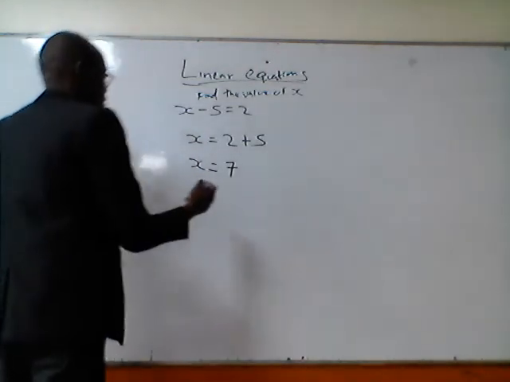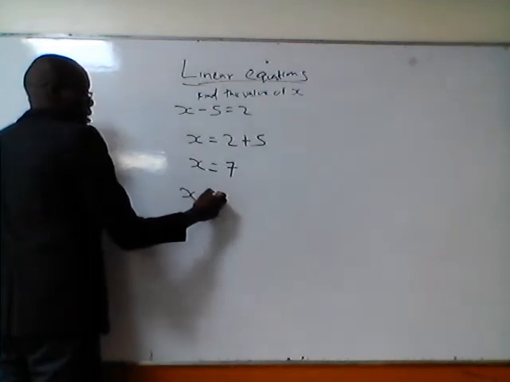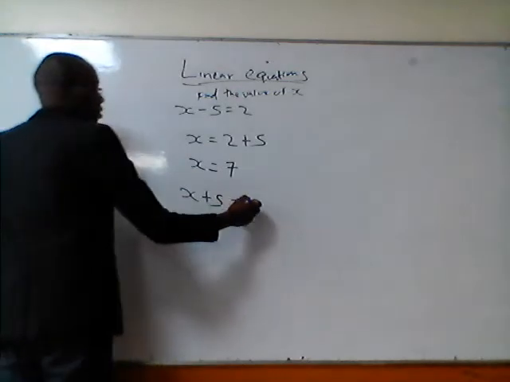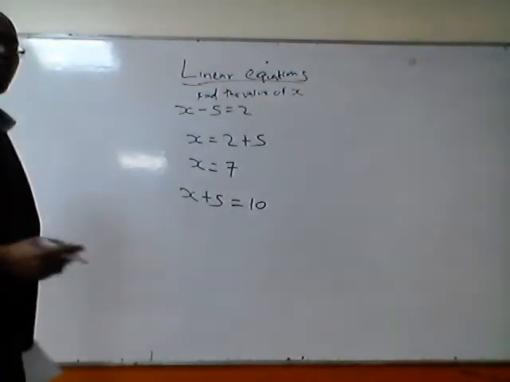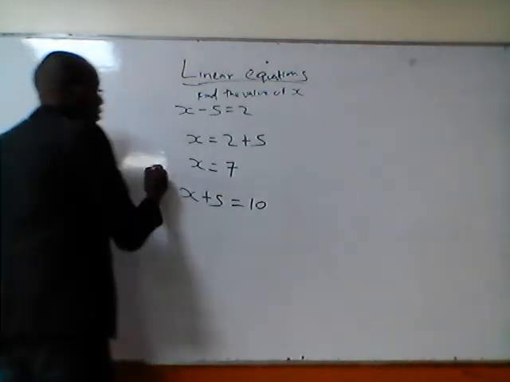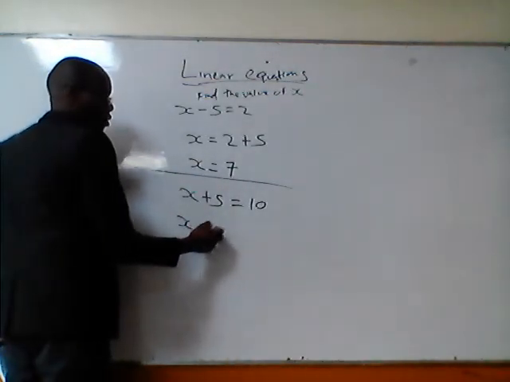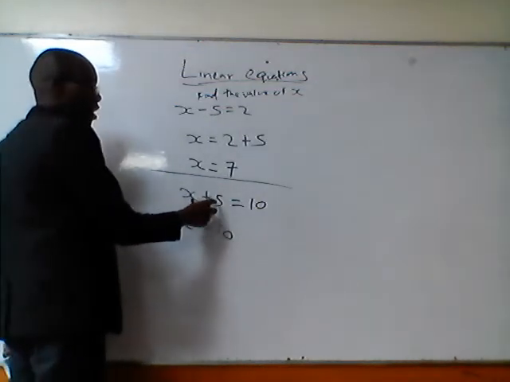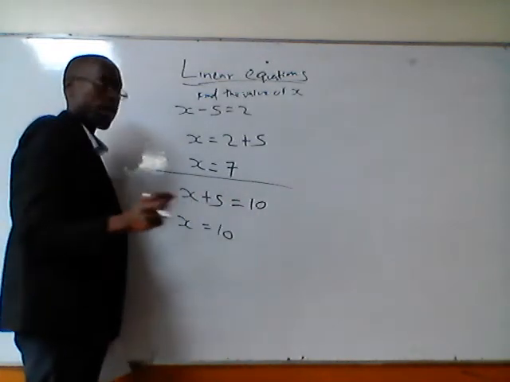For example, you can be given an equation like this: x plus 5 is equal to 10. If you want to find the value of x, it's going to be x is equal to 10, because this is positive 5. The moment positive 5 crosses over the equal sign, it's going to be a negative.